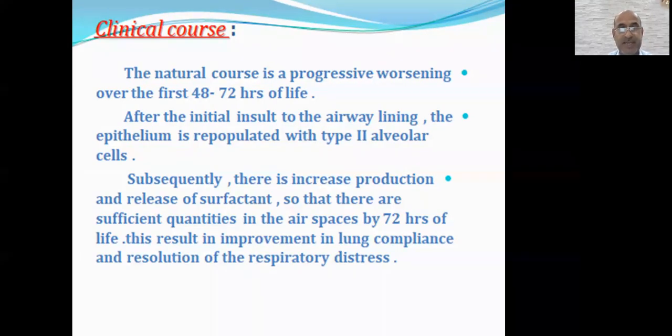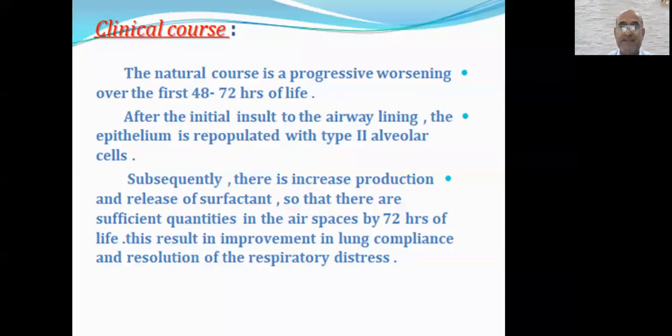Subsequently, there is an increase in the production and release of surfactant, so that there are sufficient quantities in the airspace after 72 hours of life. Of course, this results in improvement of the clinical features by improving the lung compliance.